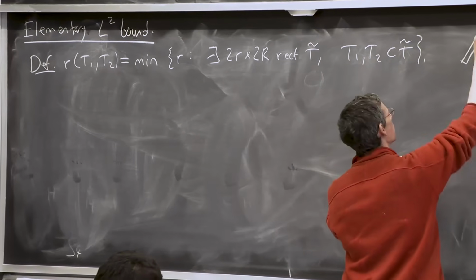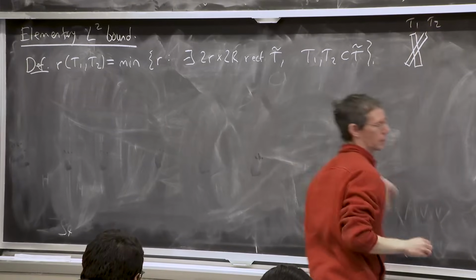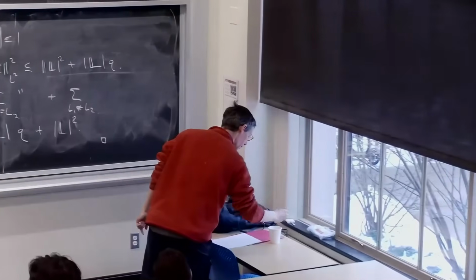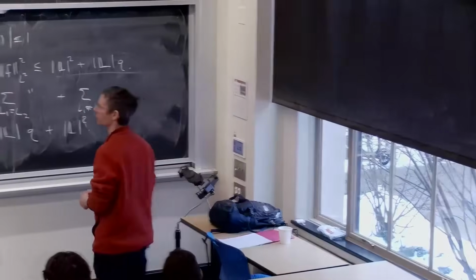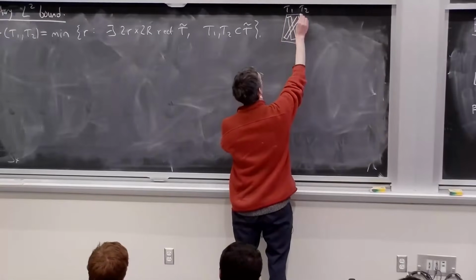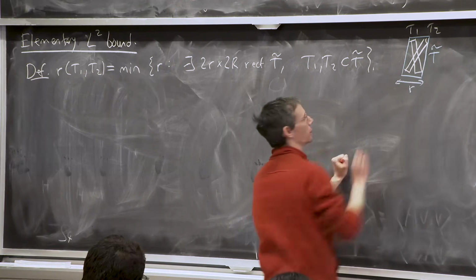So if this is T1 and this is T2, then that would be tilde T, and that would be r.